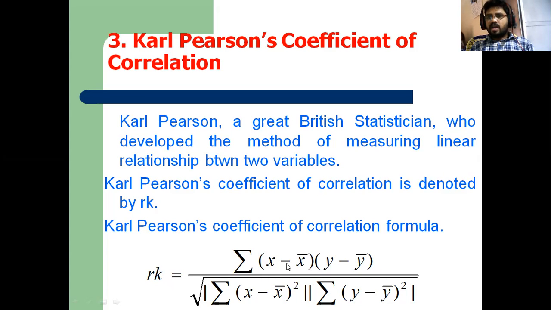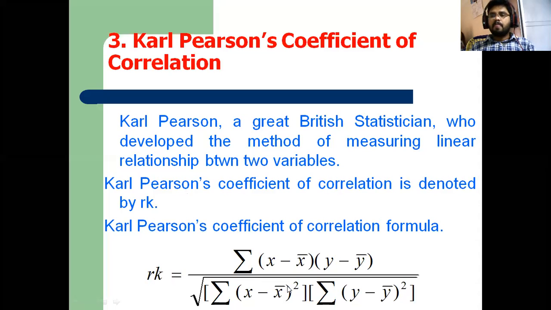Here small x is x minus x bar, the deviation from the actual value, and small y is y minus y bar, where y bar is the average value.